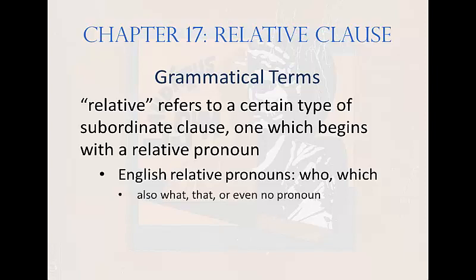But also what and that can sometimes function as relative pronouns, and, as we'll soon discover, in English, even the absence of a relative pronoun can indicate the beginning of a relative clause. The horror, the horror. Latin, blessedly, has only one relative pronoun.